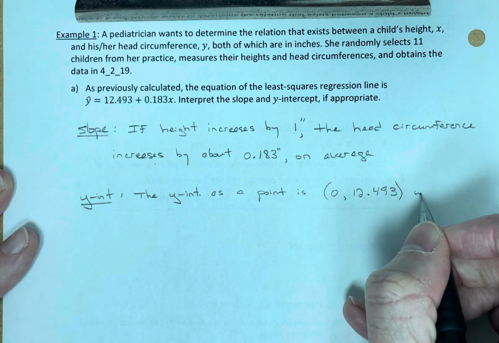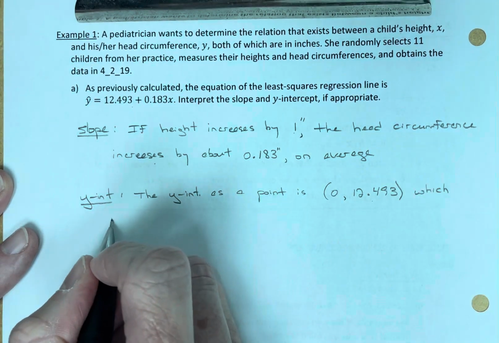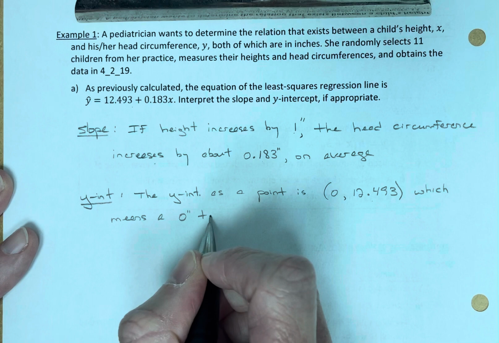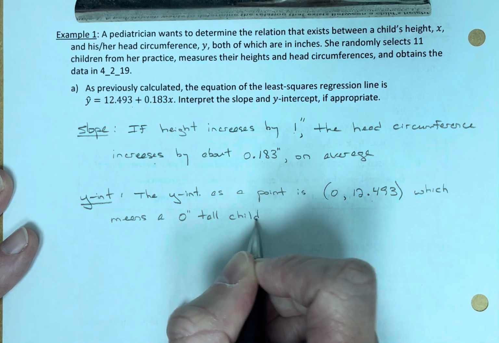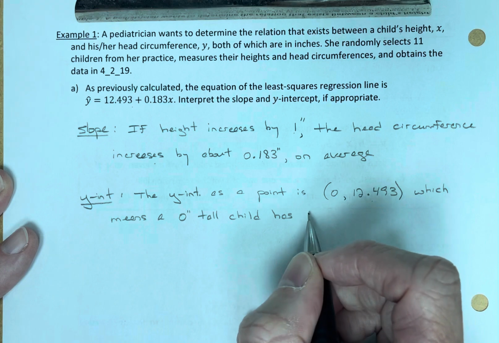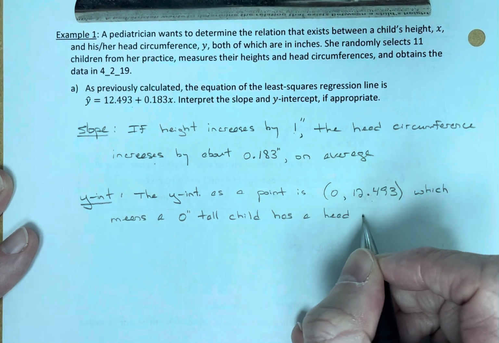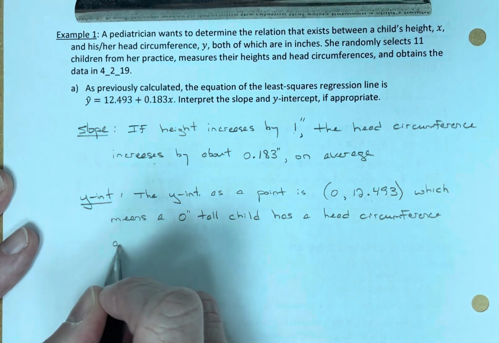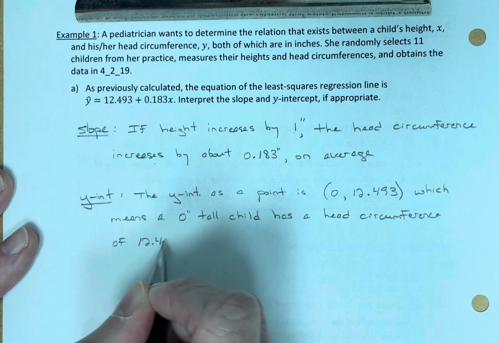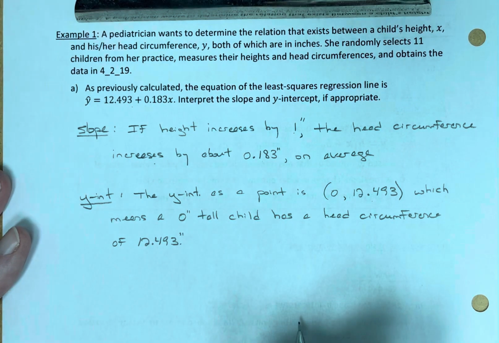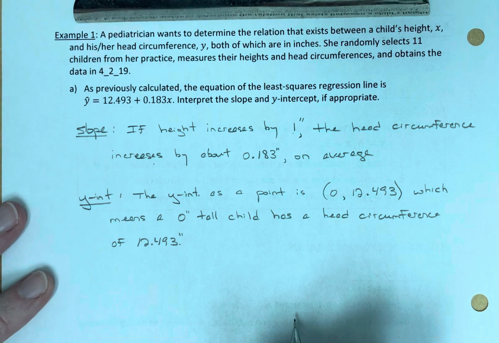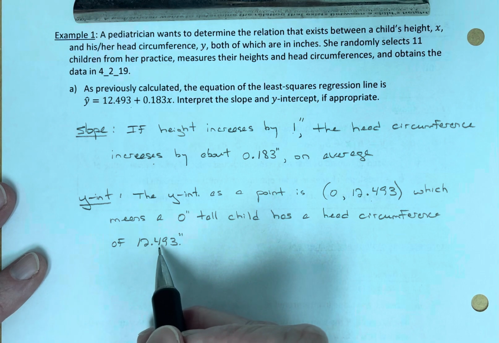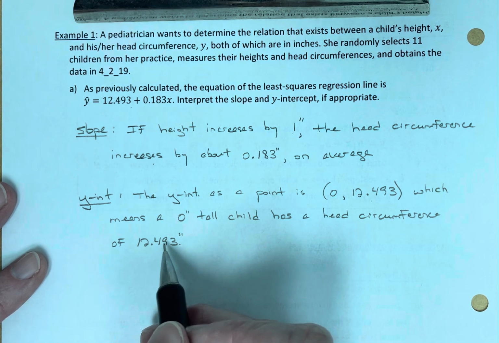That means a 0-inch tall child has a head circumference of 12.493 inches. Okay, guess what? That makes no sense at all. A child of no height has a 1 foot head circumference. Makes no sense at all.